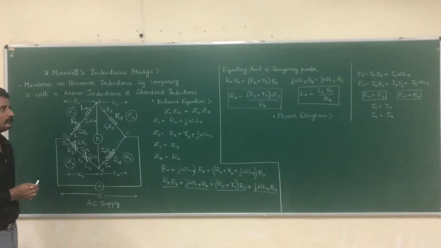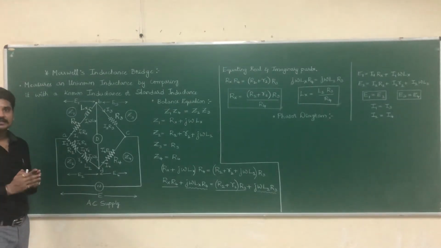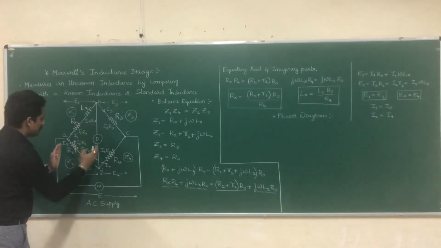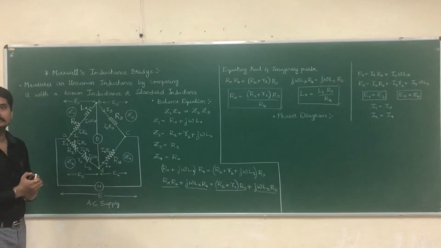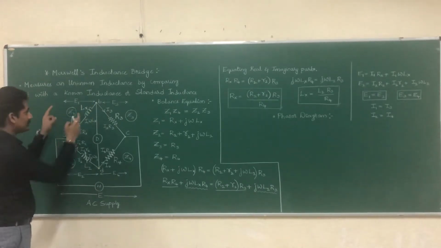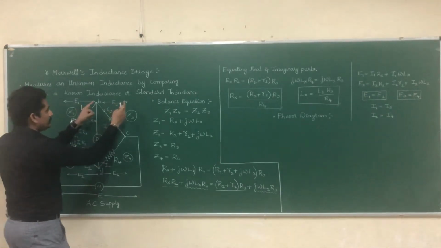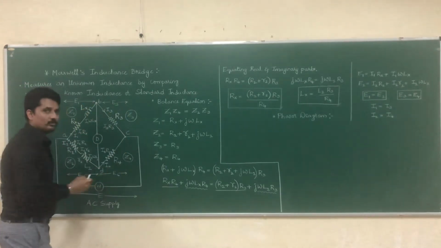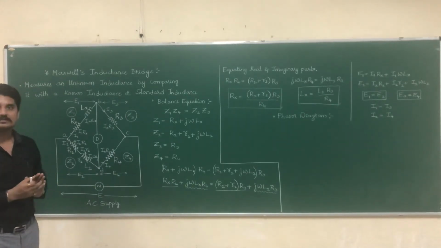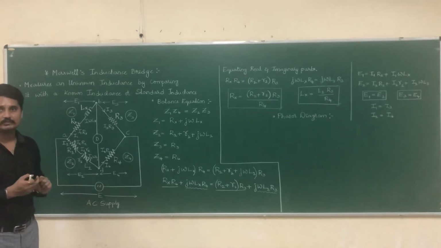Now we know that under balanced condition, the potential drop across one arm will be equal to the potential drop across the other, that is E1 equals E2 and E3 equals E4. What is the expression for E1?